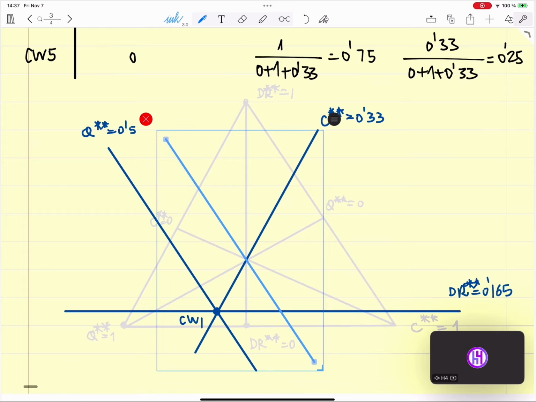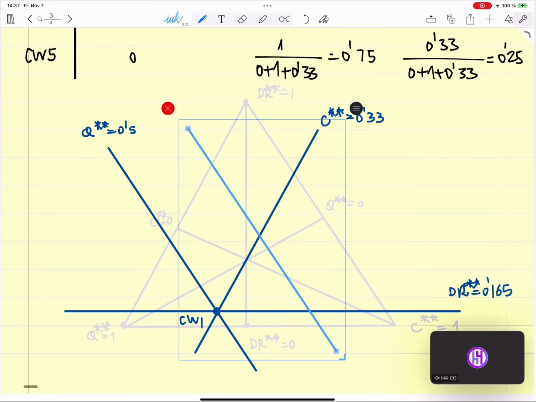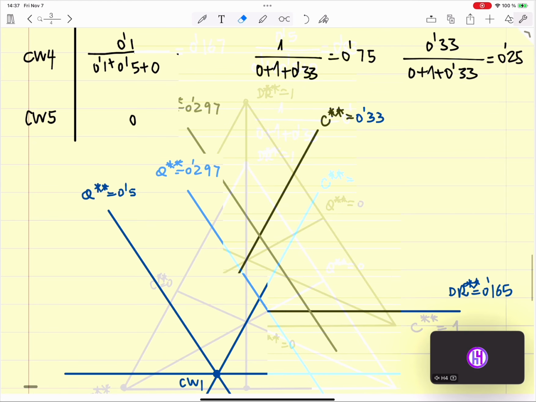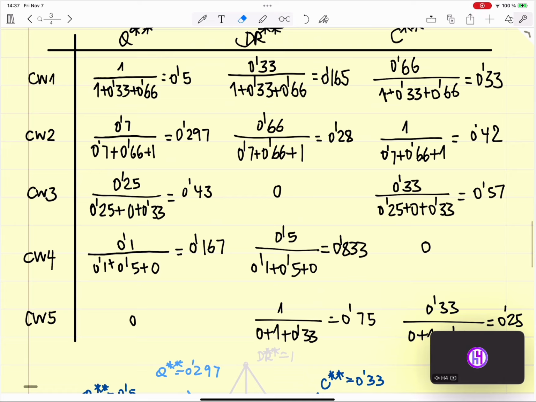But because this is 0.33, it's going to be somewhere going to 0 in the direction of the 0. So this is the quality star star 0.297. And then the other one, 0.28.